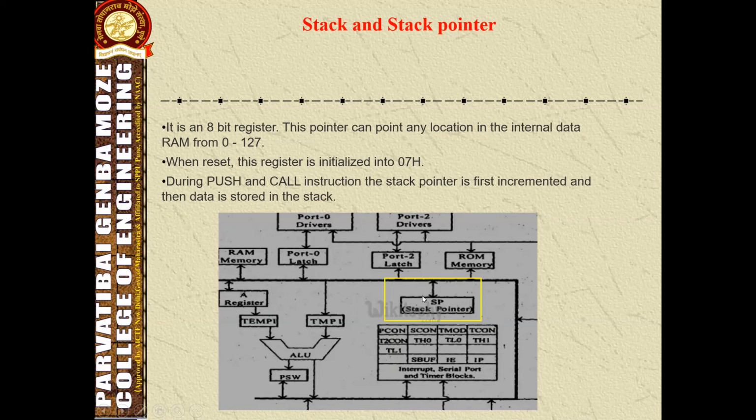It is an 8-bit register which can point to any location in the internal RAM from 0 to 127. When we write information into the stack memory, that operation is called a push operation, and when information is read from the stack, that operation is called a pop operation.